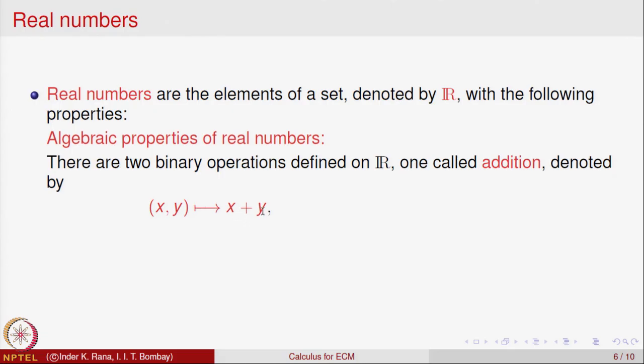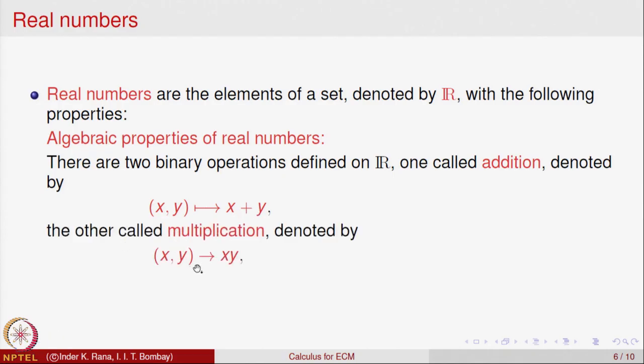So, x plus y is again an element of the set R. Binary operation means that for a pair of elements x comma y, you can manufacture a new element called x plus y. This is an association: for a pair x comma y, you can associate a number x plus y in R itself. This is called the sum.